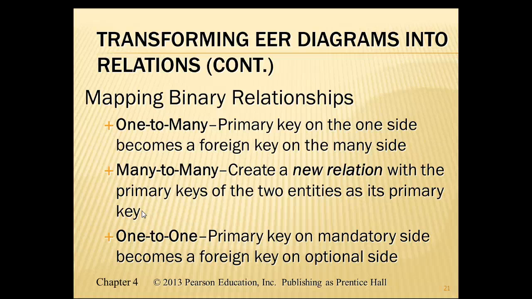And of course, a many-to-many relationship, you can't really do that in SQL. So you have to create a new relation that, from the conceptual model, is going to be an associative entity that will turn into a new relation with the primary keys of the two entities as its primary key.